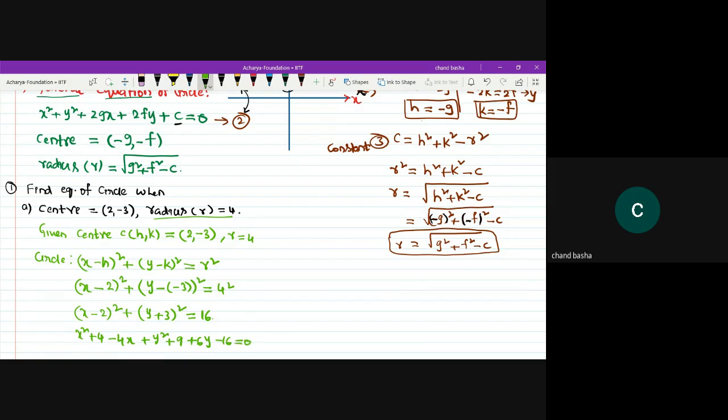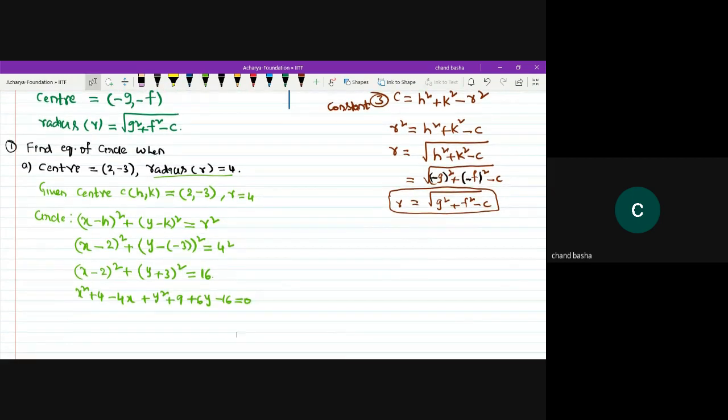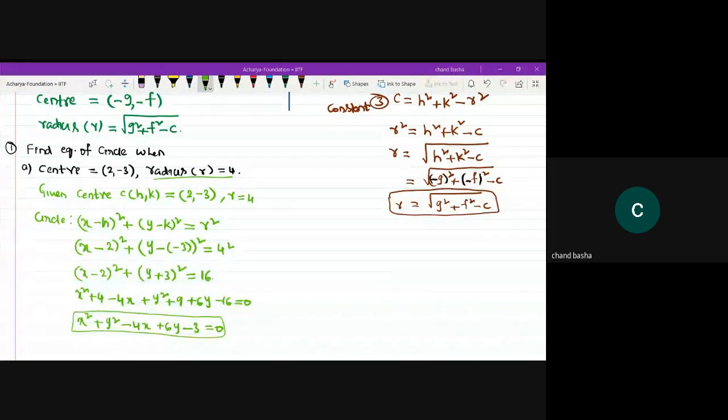We can write in general form: first x square, next y square, next x terms, next y terms, then minus 16 plus 9 plus 4, that is minus 3. So x square plus y square minus 4x plus 6y minus 3 equals 0 is the required answer. This is the equation of the circle in general form. Always try to write the general equation of the circle.